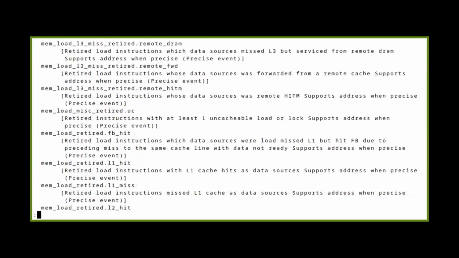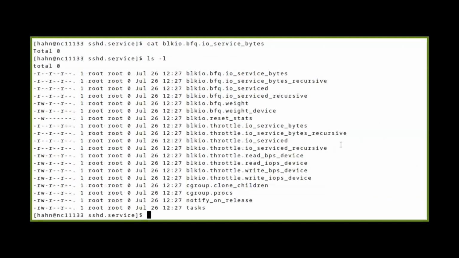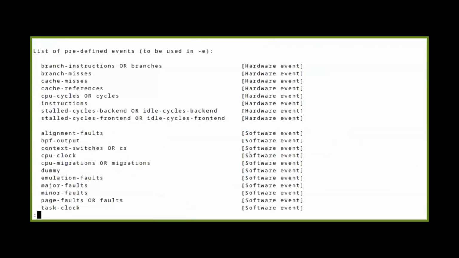This is an Intel-based node. If I switch back to an AMD node, it might be sort of interesting to look at the way its controls are different.